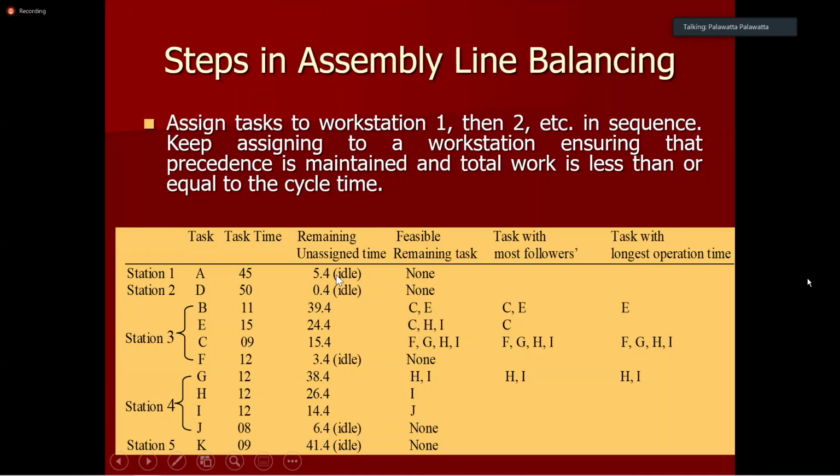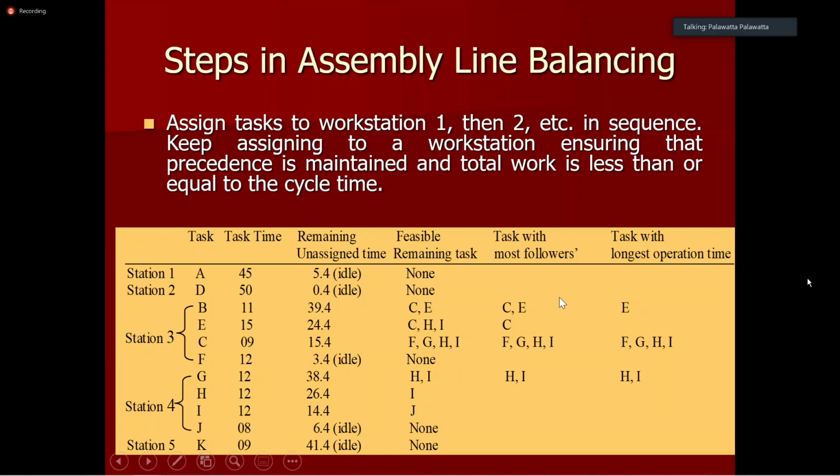There are two candidates possible after A, that is B and D, but B's time is 11 seconds. So there are no tasks that can be allocated within 5.4 seconds. Therefore, 5.4 seconds is going to be idle.